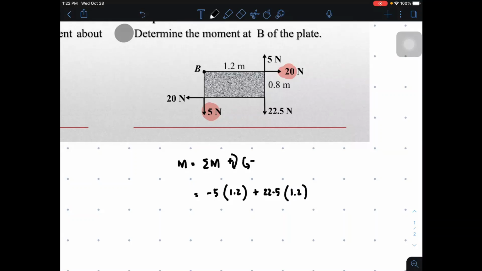This one, the 20, will rotate about point B with what direction? The direction is clockwise. So that's plus 20, and the moment arm is the perpendicular distance from this force, so that distance is 0.8.